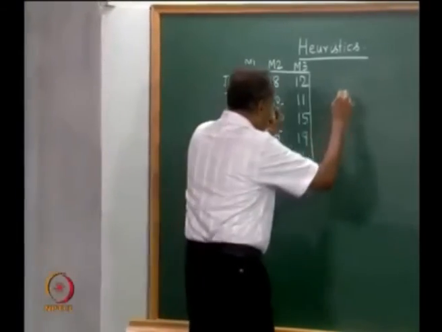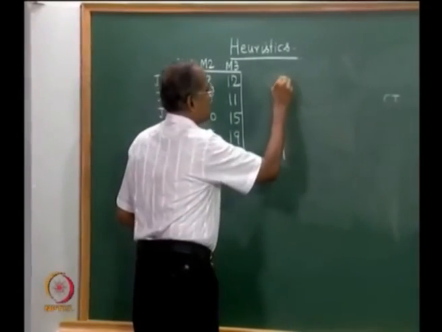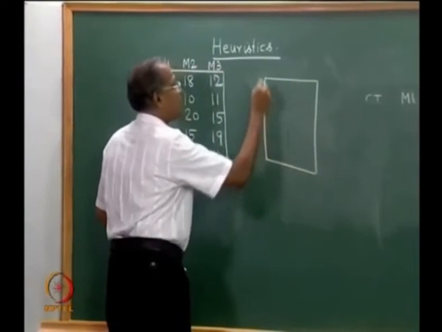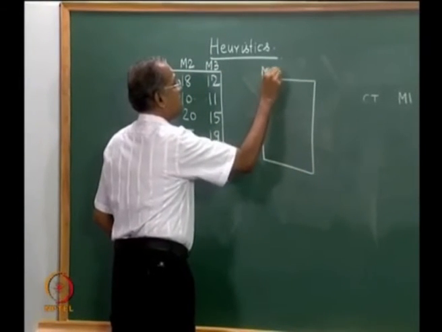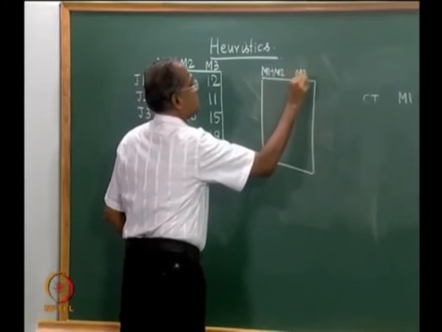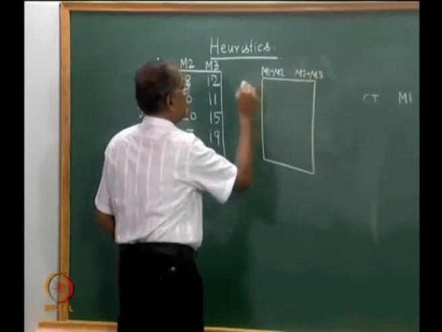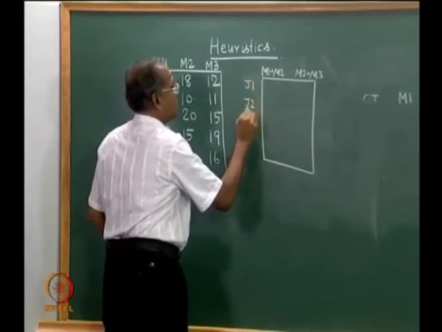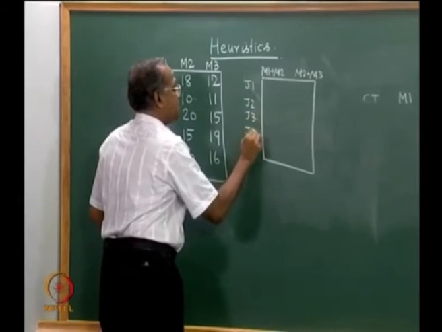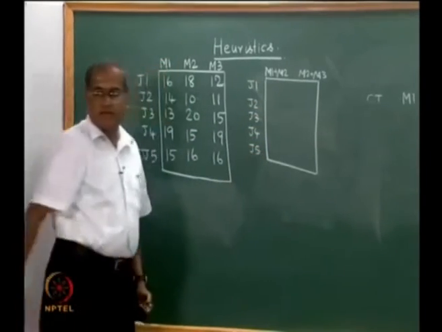So, let us now create an equivalent 2 machine Johnson problem by adding. This becomes M1 plus M2, this becomes M2 plus M3, for J1, J2, J3, J4 and J5.